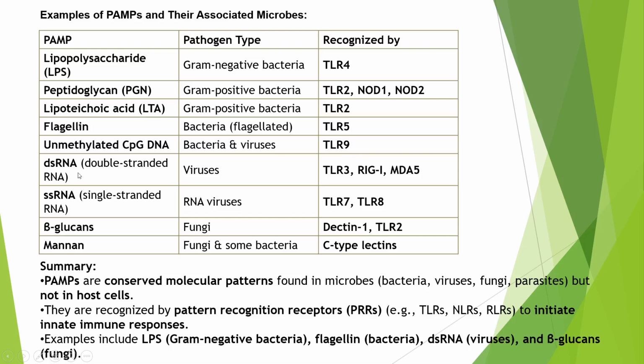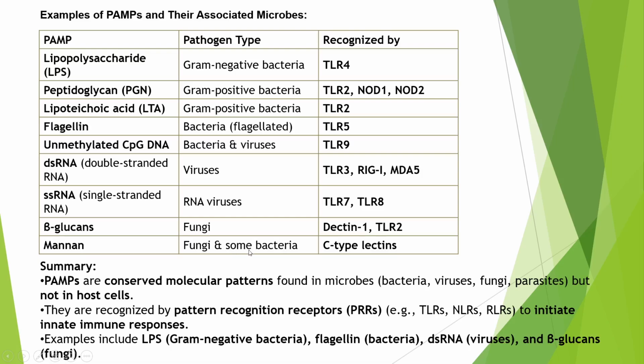Then dsRNA, that is double-stranded RNA present in viruses, is recognized by TLR3, RIG-I and MDA5. Single-stranded RNA, ssRNA, is present in RNA viruses and is recognized by TLR7 and TLR8. Then beta-glucans that are present in fungi are detected by dectin-1 and TLR2.